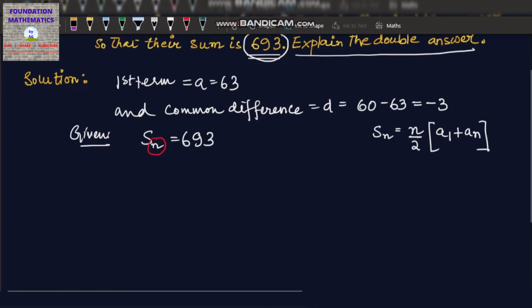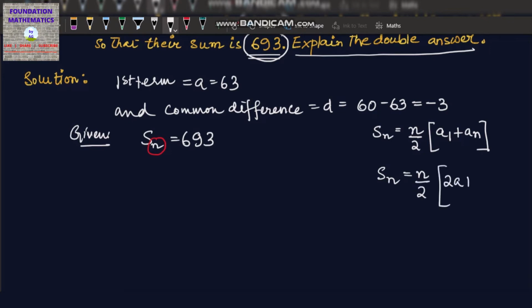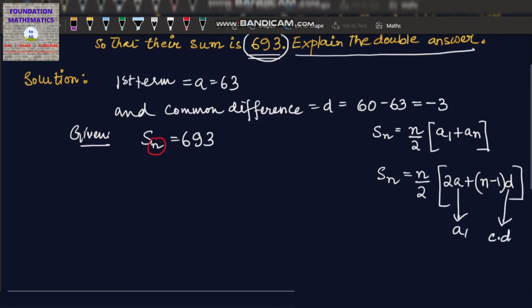But suppose the last term is not given to us, then we can use the second formula, that is Sn equals n by 2 into (2a plus (n minus 1) into d), where obviously a is the first term and d is the common difference. So in this case also we will use the second formula because the last term is not known to us.